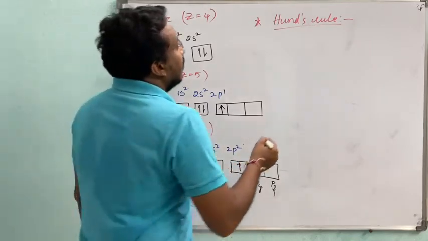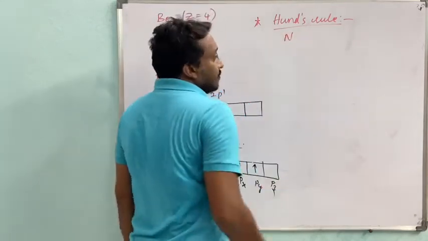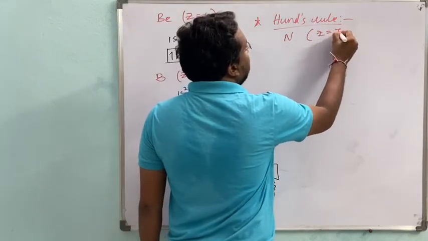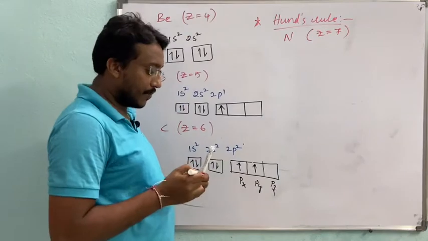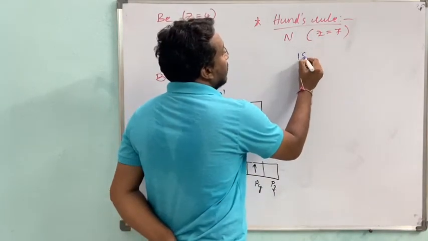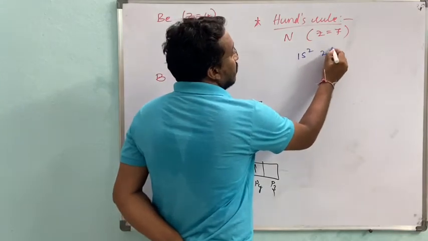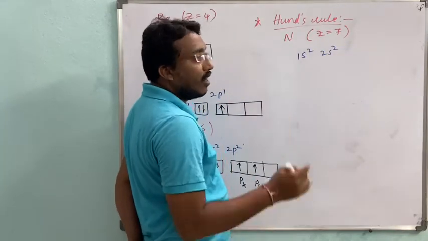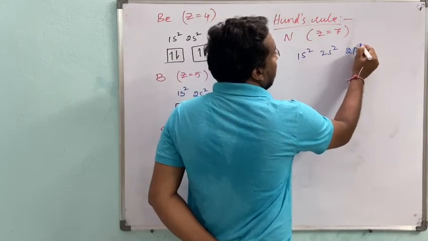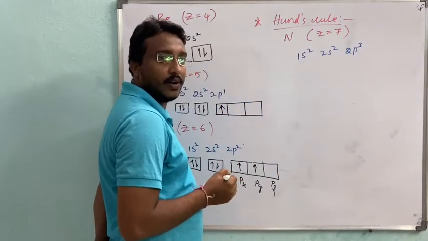Okay, nitrogen, its atomic number is 7. Here the electronic configuration we have to write is 1s2, 2s2, still we have 3 electrons, thus 2p3. Got it?